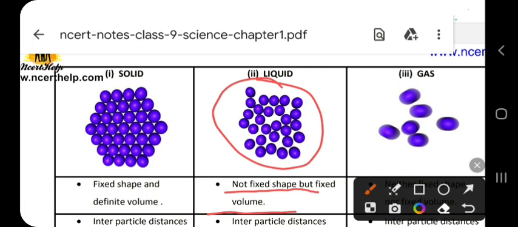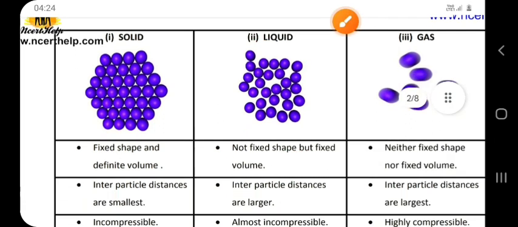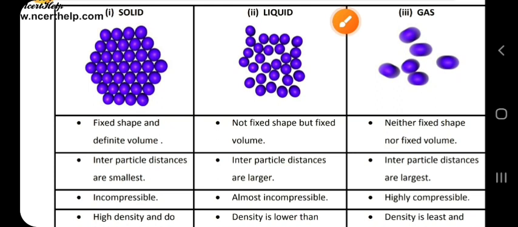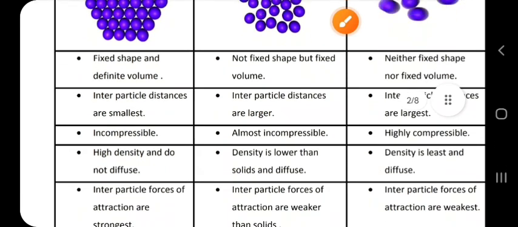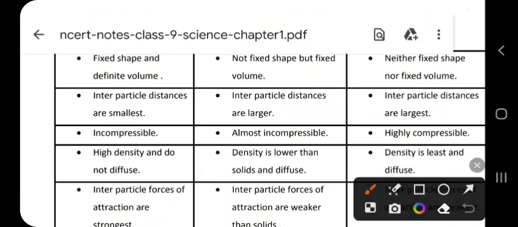Now move to the next point: interparticle distances are larger. You can see the particle distance is larger. We can't say larger, we can say medium. Next is almost incompressible. We cannot compress liquids. Density is lower than solid, and liquids diffuse.